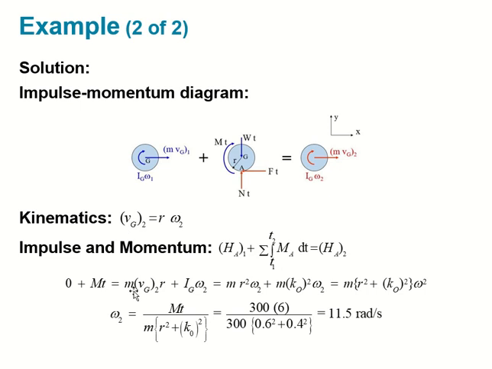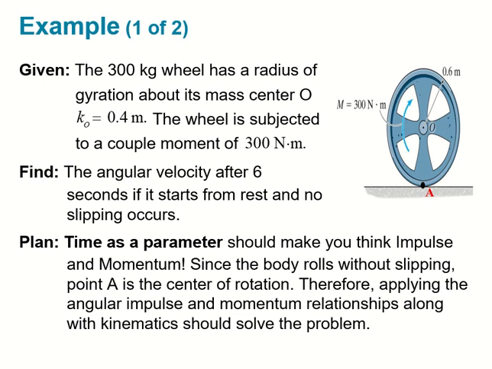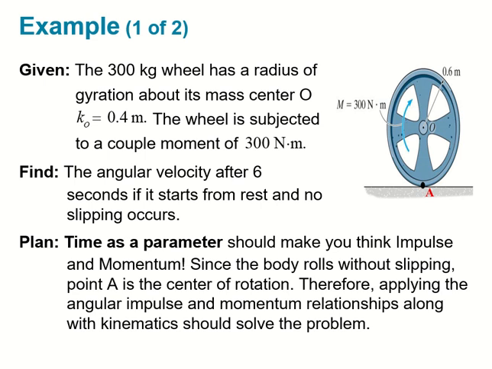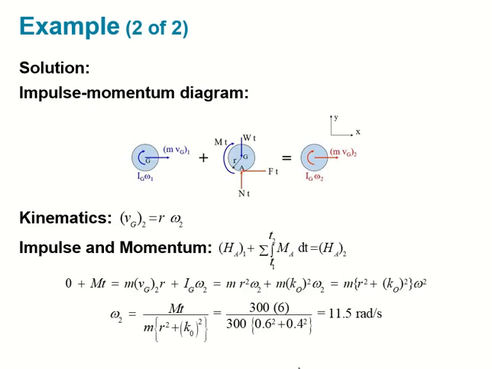Since we're not given the velocity directly in your question, the regular velocity is not given, we'll have to get it from what we are given, which is your k, the radius of gyration. So that's what we're trying to do. Since we don't know the g, we have to use something else, which is this one, putting it right over here.